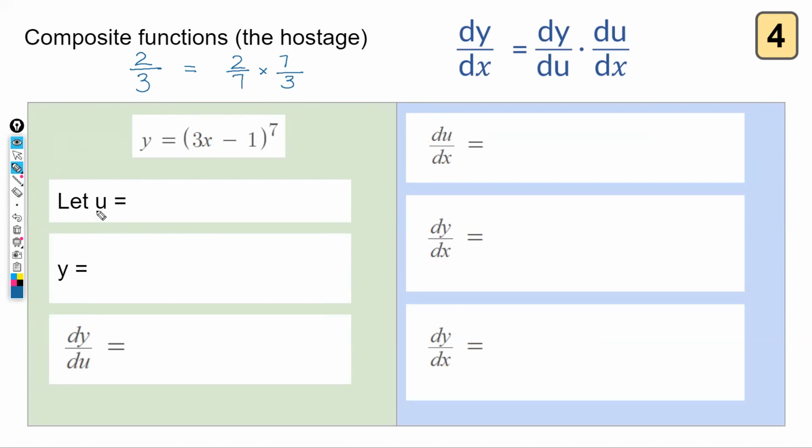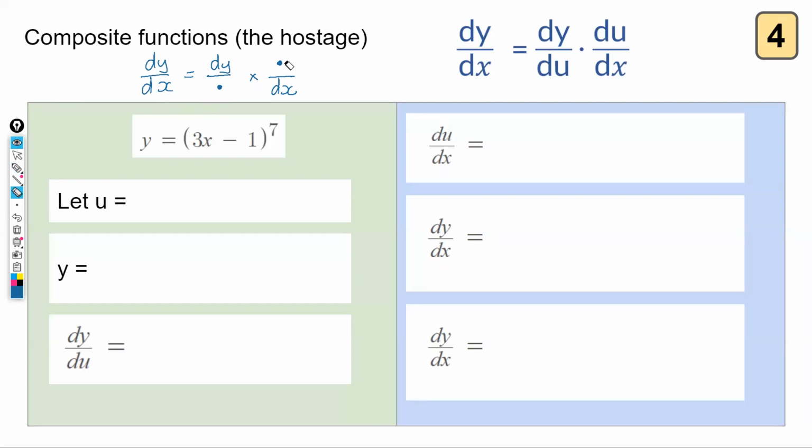Which brings me to dy/dx. dy/dx is the same thing as dy/du multiplied by du/dx. I could put anything here and here once they are the same.